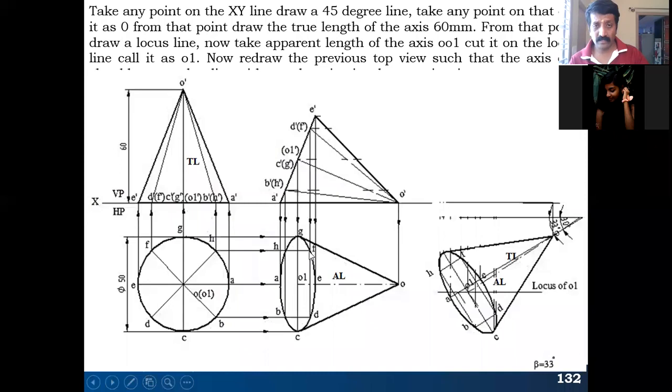On those lines you take these distances and cut it here. And O1 to G, O1 to C distance is the same. You can cut it here. After getting all the points, once again you draw a smooth curve so that it is seen as the ellipse and completed without changing it, and including the joining to your vertex, everything you completed. This completes your top view.